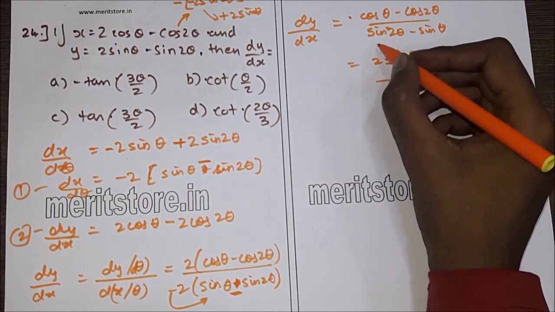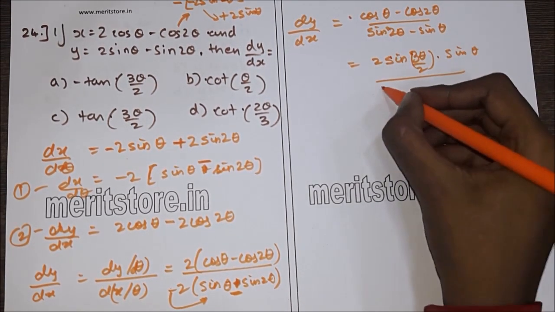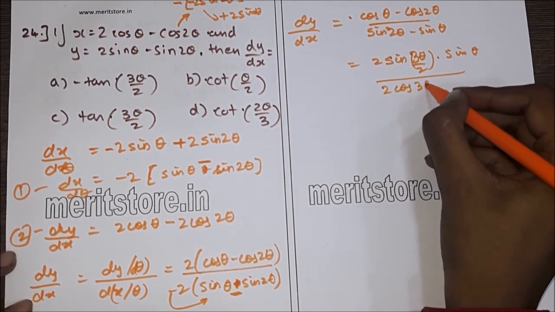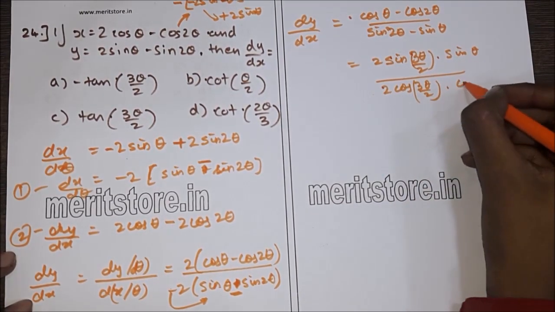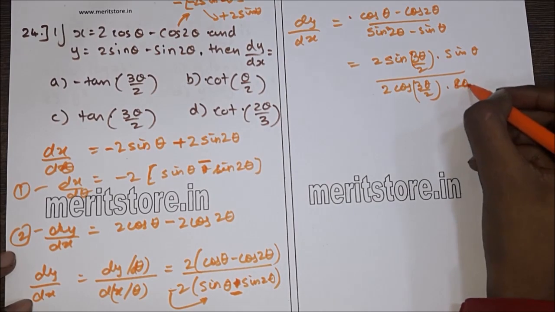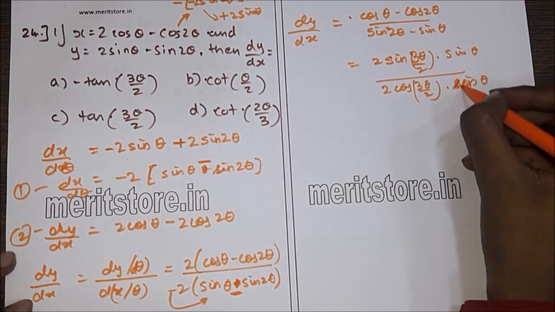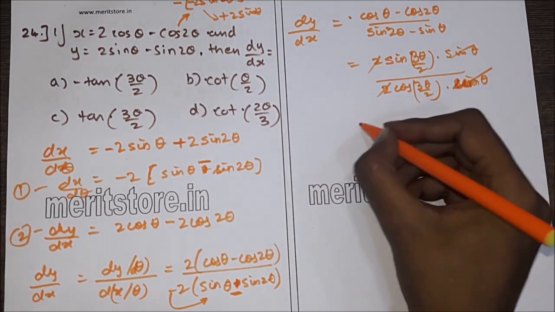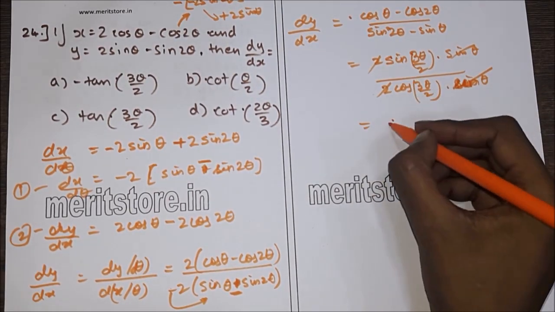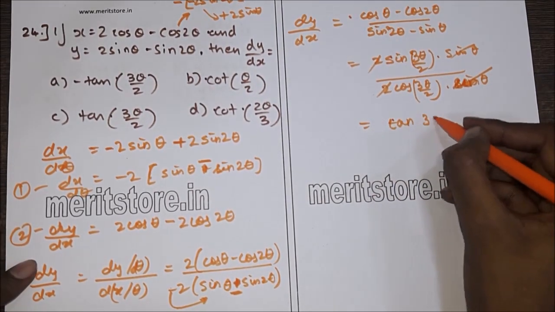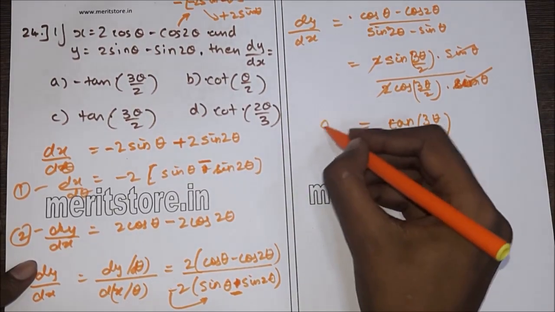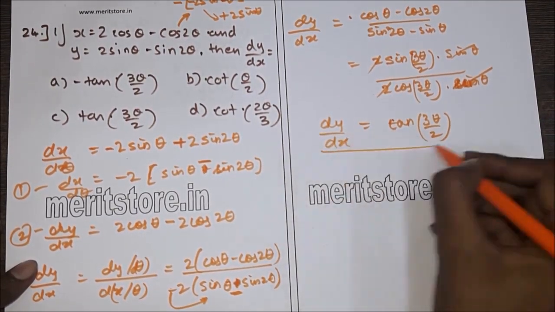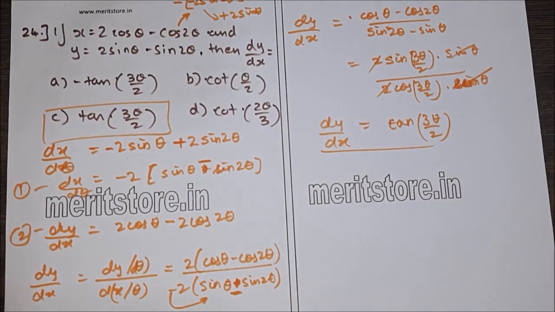Similarly, this is in the form of sin a minus sin b. So this is 2 cos 3 theta by 2 into sin theta by 2. So sin theta by 2 gets cancelled, 2 gets cancelled. So we are left with sin upon cos, which is tan of 3 theta by 2. So this is dy by dx. So C is the final answer.